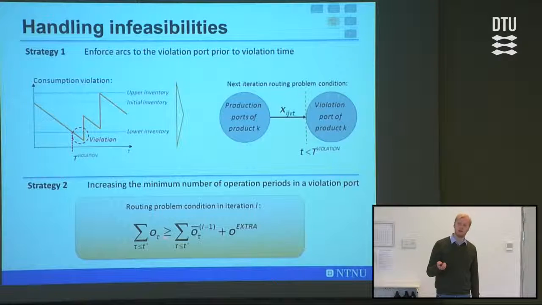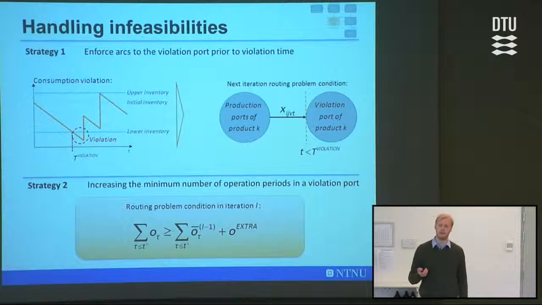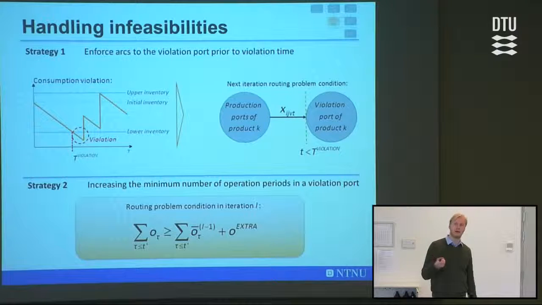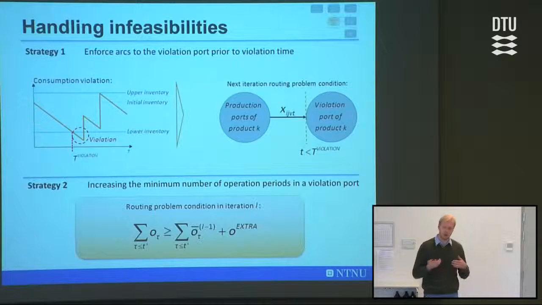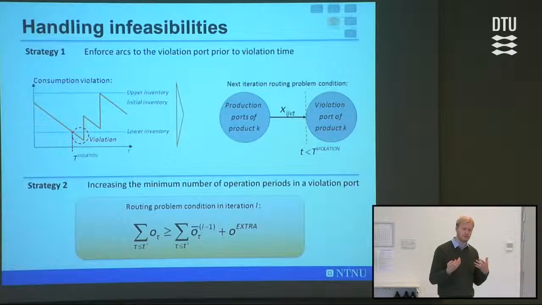And then we say we have to have this many operation periods in this port in the new iteration. Of course, neither of these makes sure that we get a feasible solution, but hopefully it changes the routing in such a way that we at least get closer to a feasible solution.